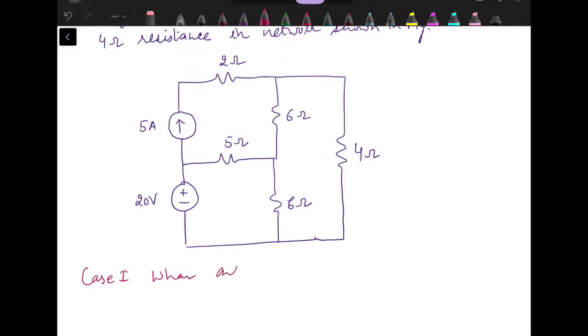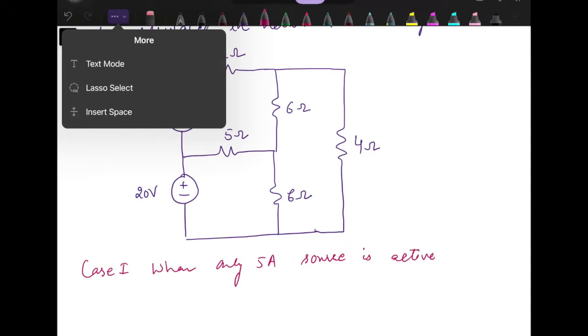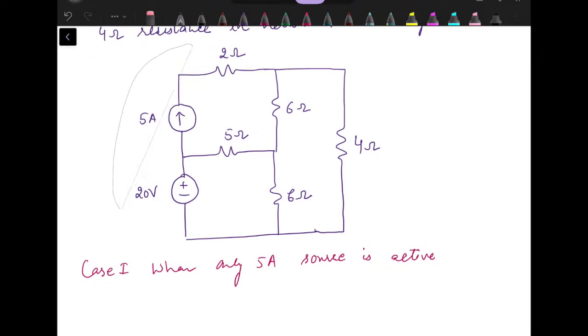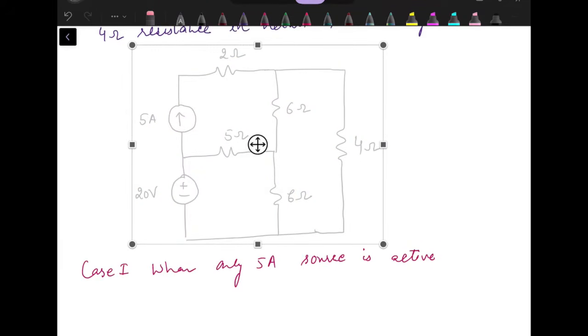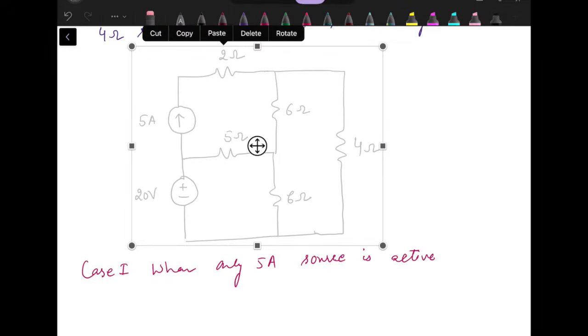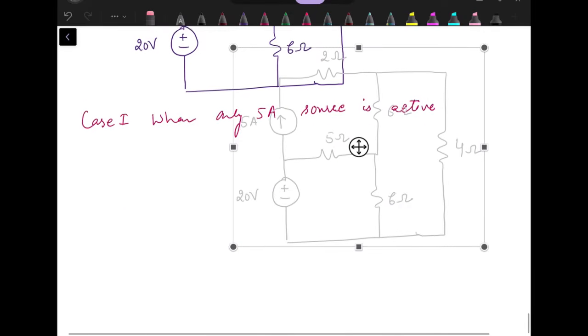when only 5 ampere source is active. When only 5 ampere source is active, so what we have to replace is the 20-volt source by its internal resistance.